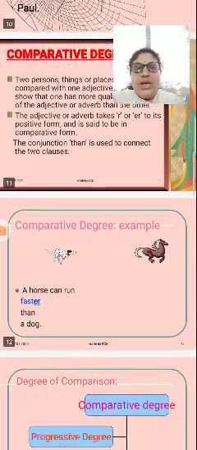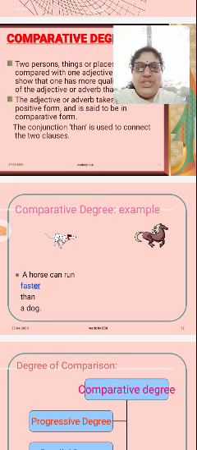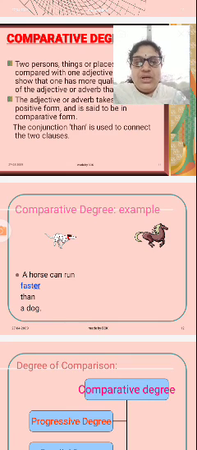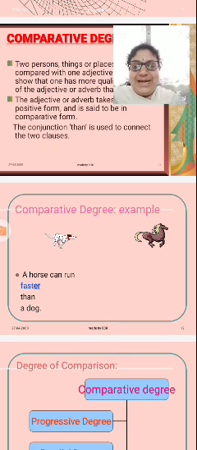Here the example of the comparative degree is: a horse can run faster than a dog. I have shown it here with a figure for clarity of understanding. So what is the comparative degree?